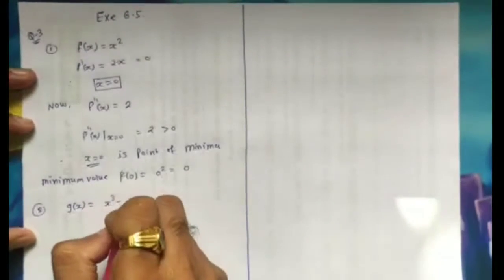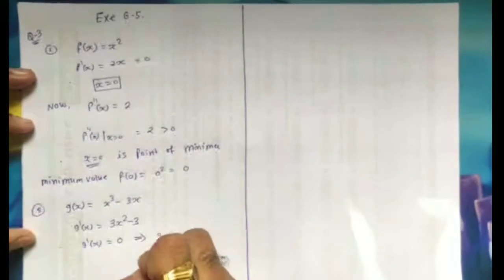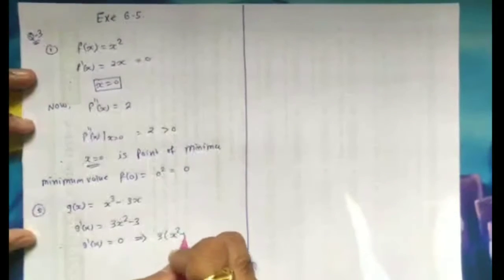We are given the function g of x equal to x cube minus 3x. Same first order derivative: g dash x is 3x square minus 3, and for the critical values compare g dash x with 0. So we take 3 common: x square minus 1 equal to 0.